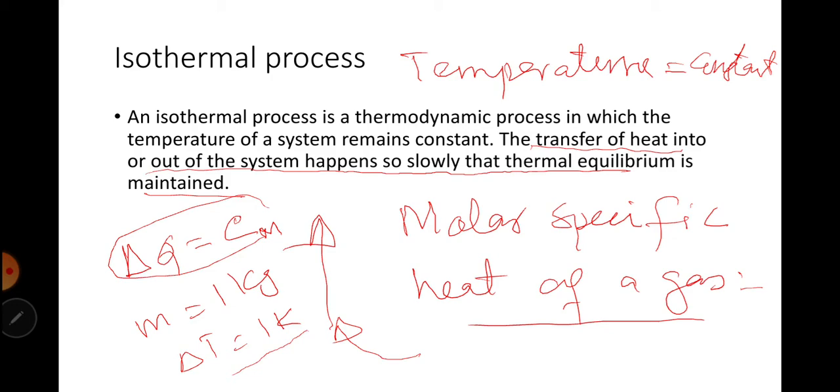If the mass of the body is 1 kilogram and you give heat to it, this heat will be specific heat only if it changes the temperature of the body through 1 Kelvin.